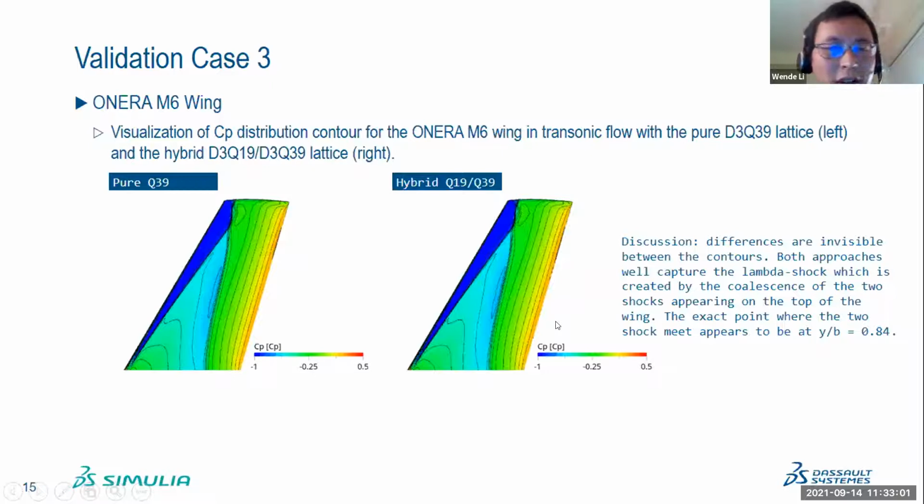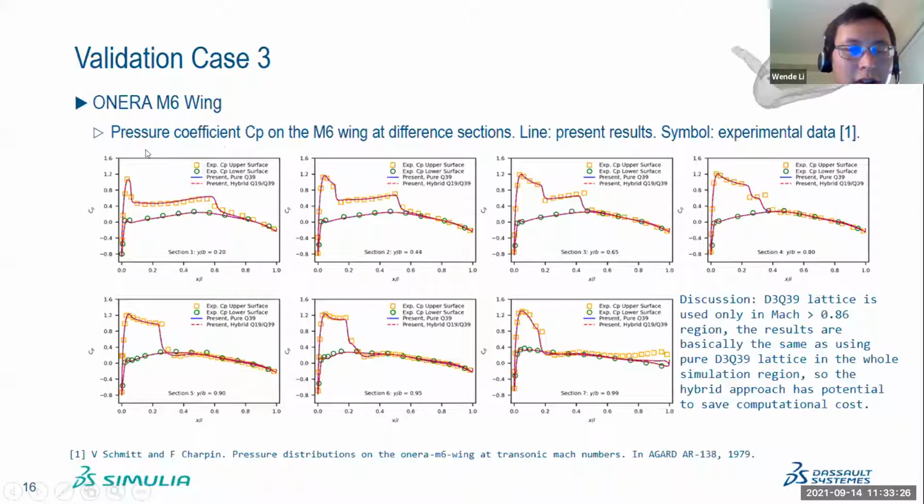This is a visualization of the Cp distribution on the top of the wing. Basically, we can't see an observable difference. Both of them have a lambda shock. This is where two shocks meet at this point, about 0.84. And for the Cp distributions along this wing, basically we can see the results are the same.